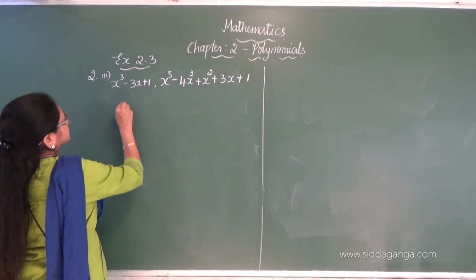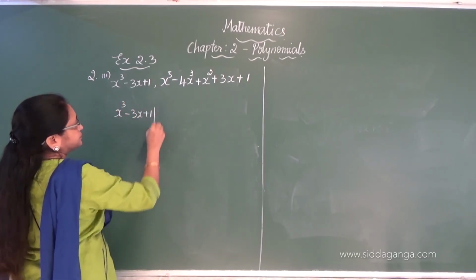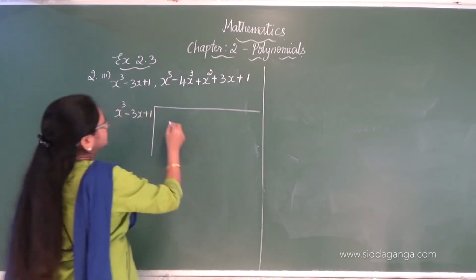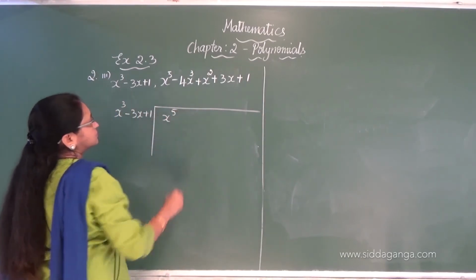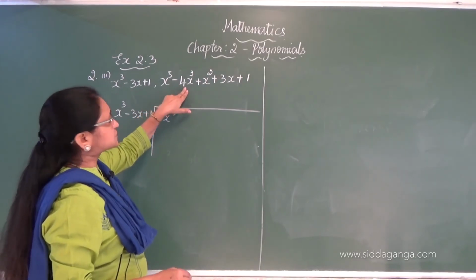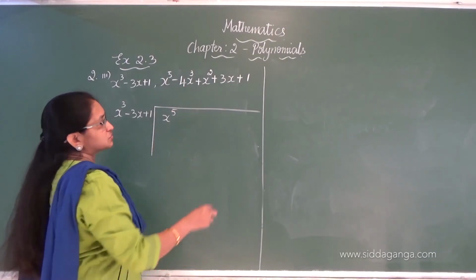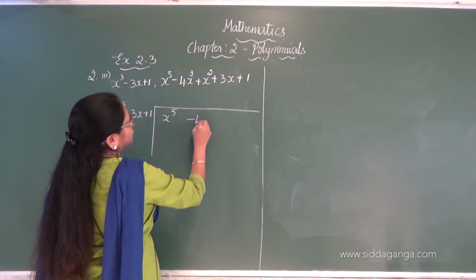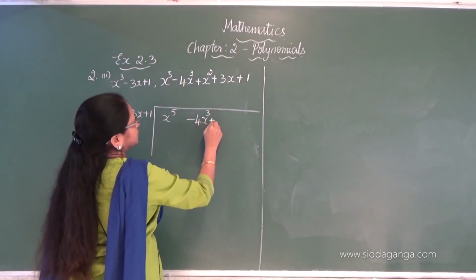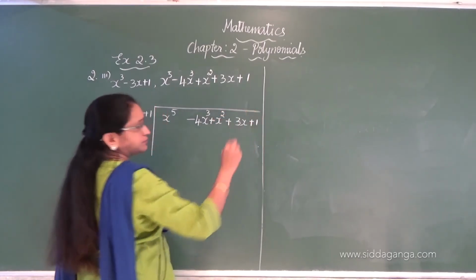Now x cube minus 3x plus 1, x to the power of 5, and note here the variable x to the power of 4, that term is not there here. So here you can leave a gap, 4x cube plus x square plus 3x plus 1.